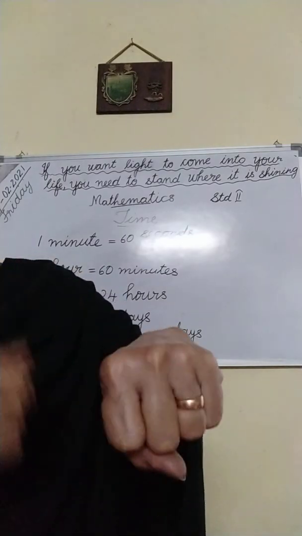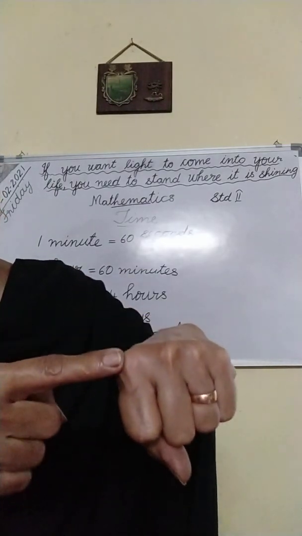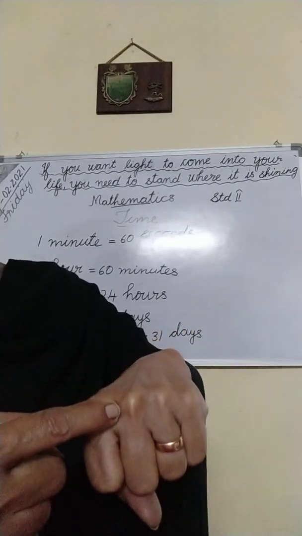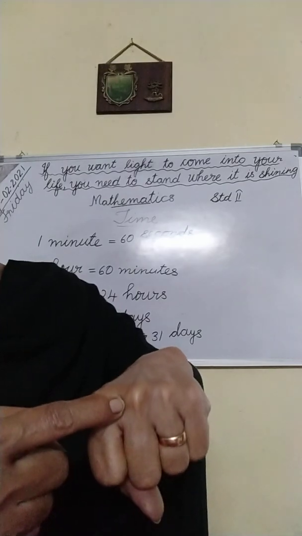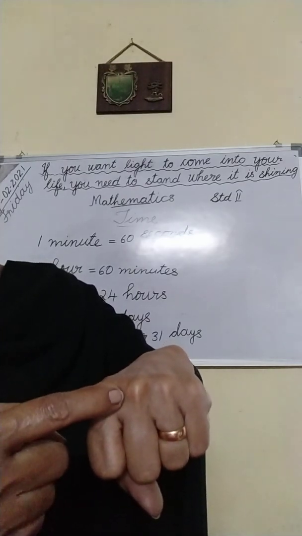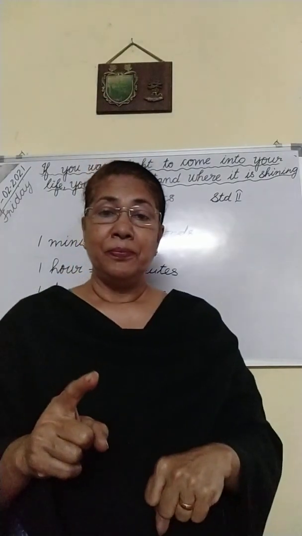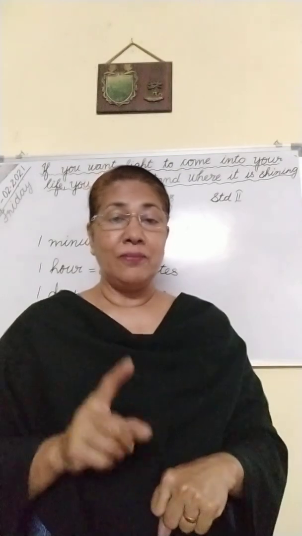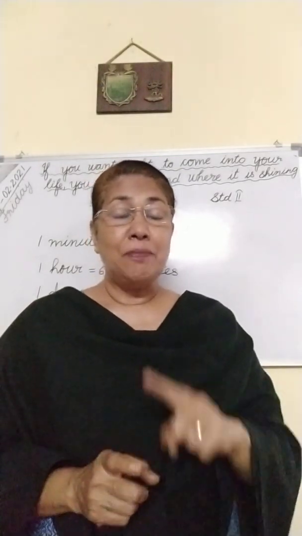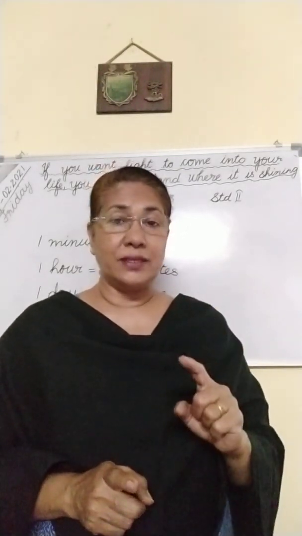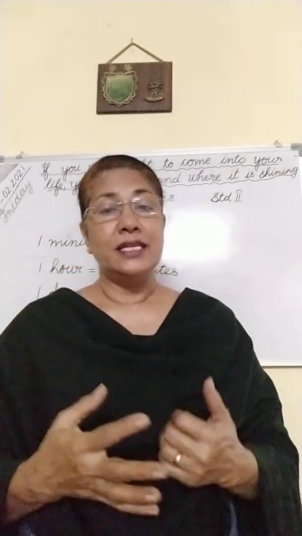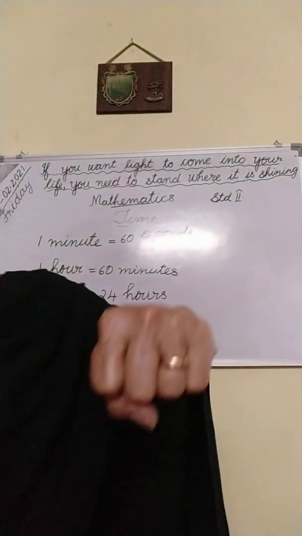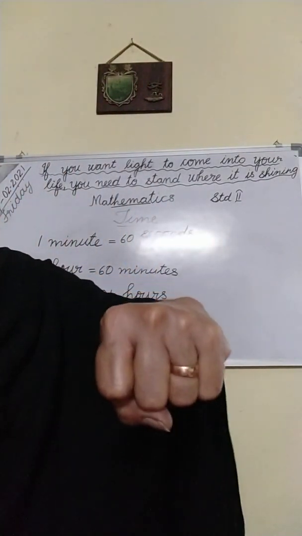These months have 31. For example, January 31. February, if it is a leap year, it will be 29 days, and other years it will be 28 days. Leap year comes once in 4 years. That means every 4 years is a leap year. So, you hold your hand like this with your fist.